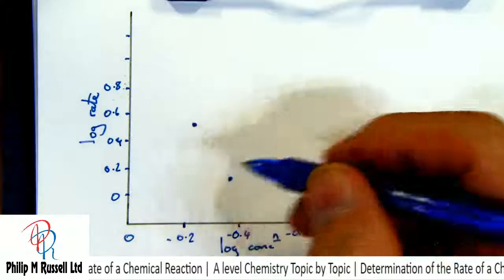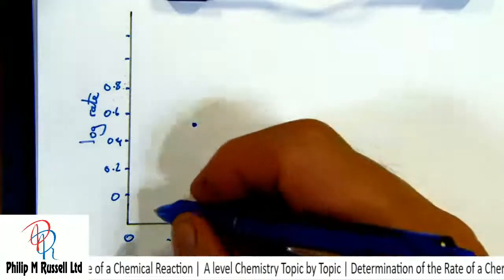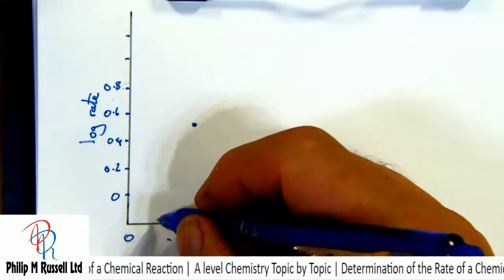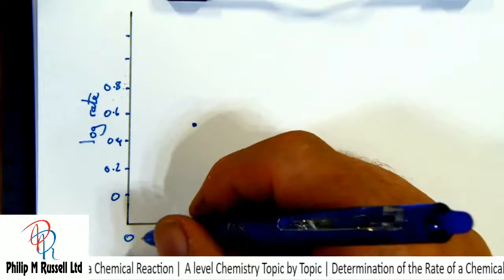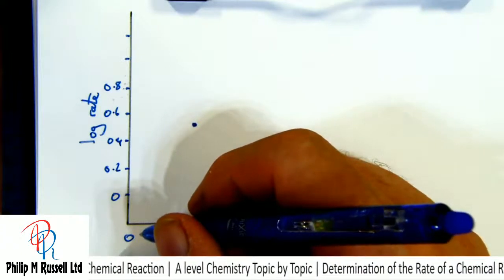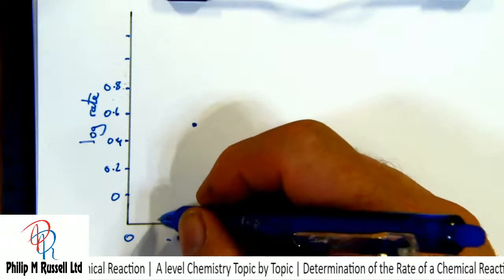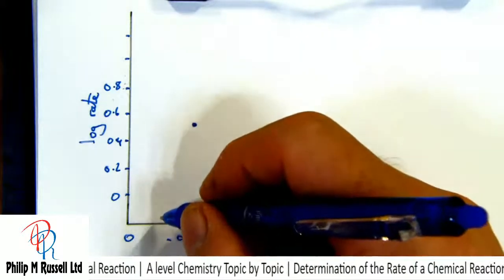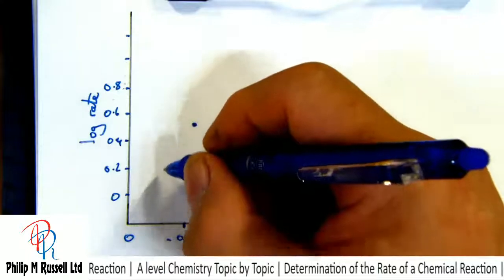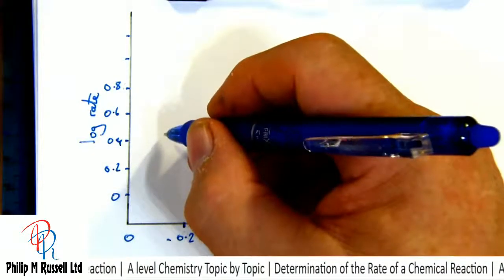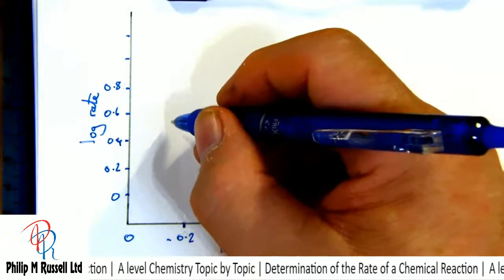And you can see we're not going to get a straight line here. And we're going to get 0.09. We're going to get about, that was 4.9.